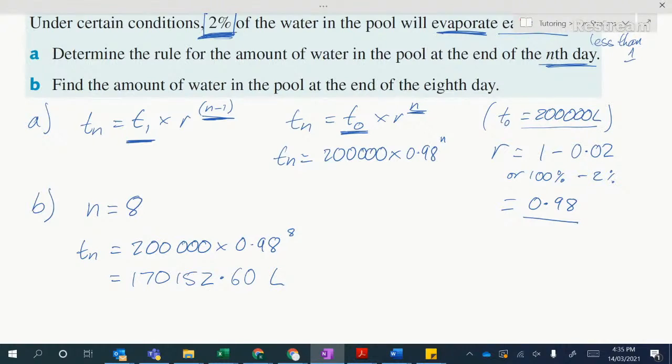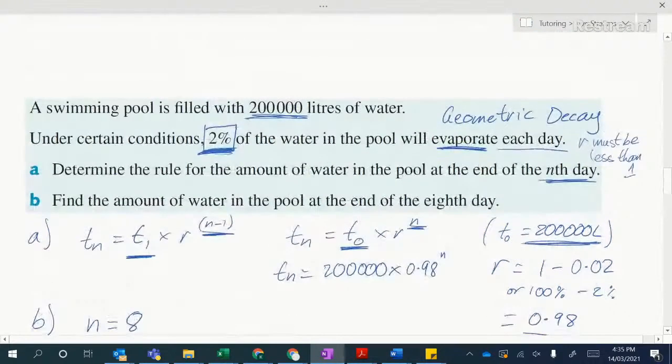The reason I started with t0 is because it made sense to start with a value of 200,000 litres as my starting value, and then the next term would be day 1. Term 1, day 1. Term 2 would be day 2. Whereas if I started with 200,000 as my first term, then the second term would be day 1. The third term would be day 2, and now I'm getting confused. So that's why I started that one at t0.